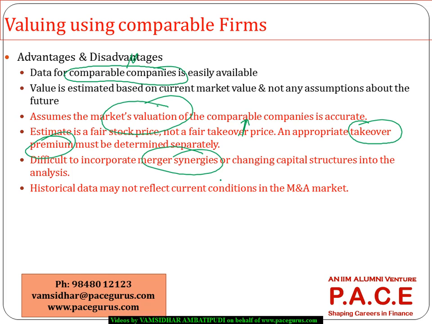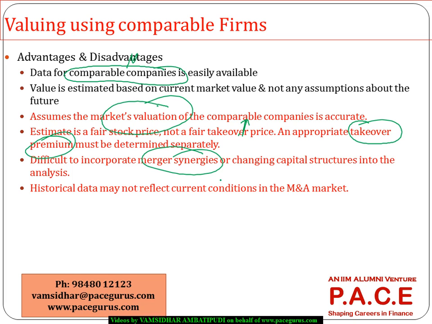Only the current up-to-date stock prices and a few ratios, EPS, BVPS, are taken to finally arrive at the valuation price. So there could be a lot of ambiguity in that calculation, and the historical data with respect to recent takeover premiums may be changing on a continuous basis.